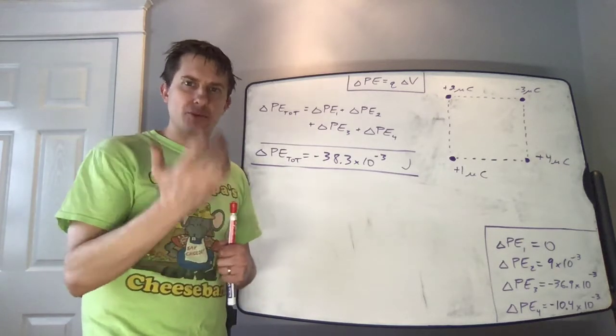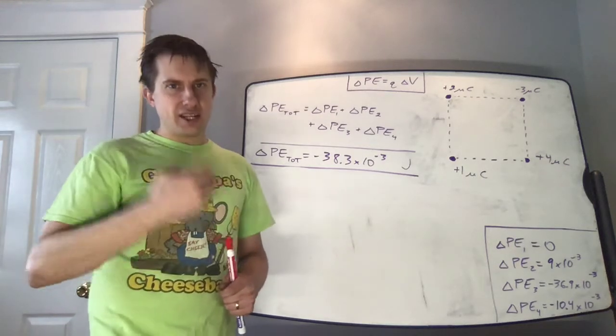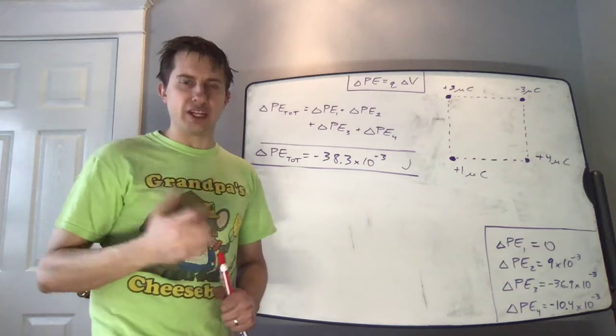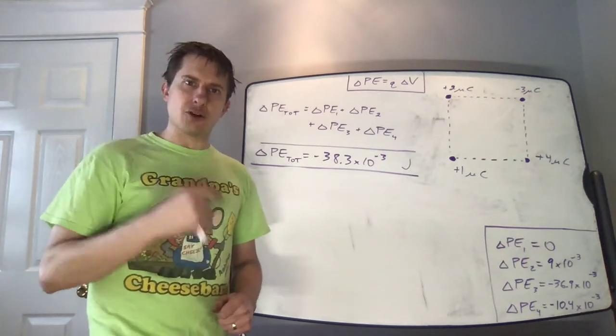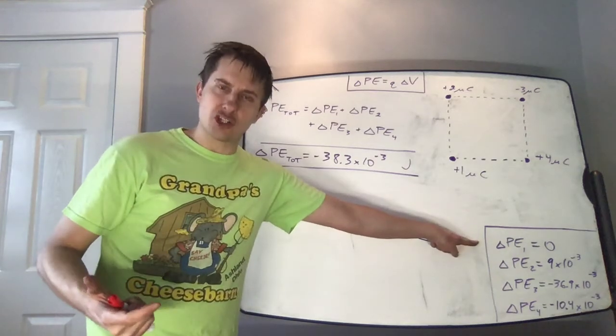This should be reasonable to expect. If there are no other charges in the vicinity of a charge that we move, then there's nothing pushing or pulling on it. So there should be no change in electric potential energy as we place that first charge.